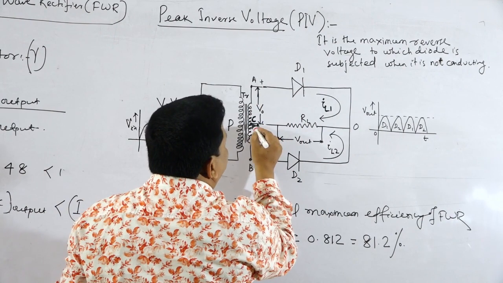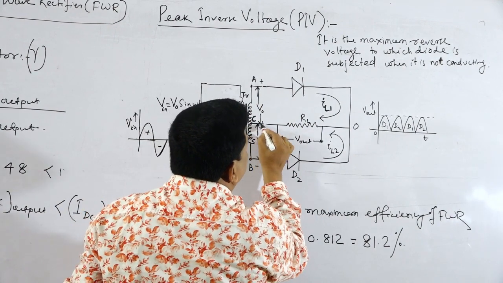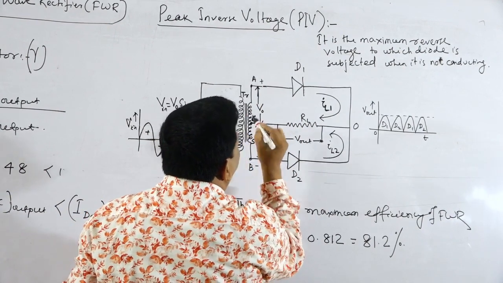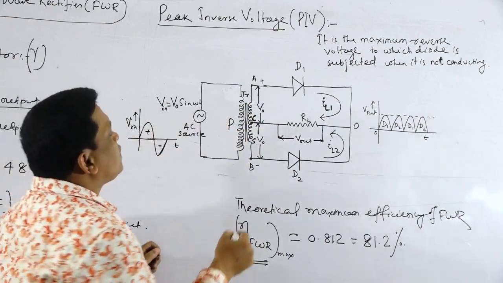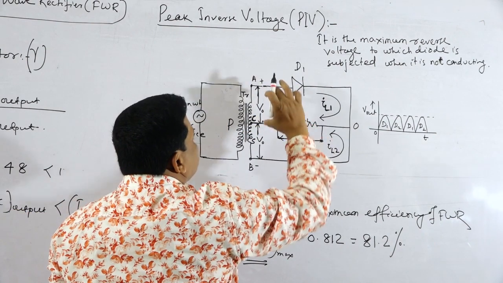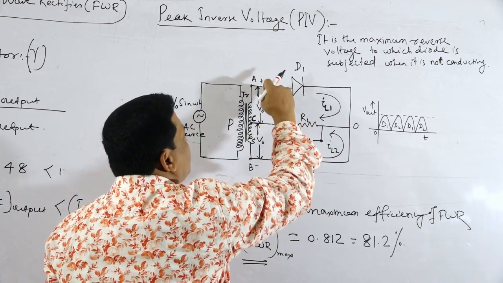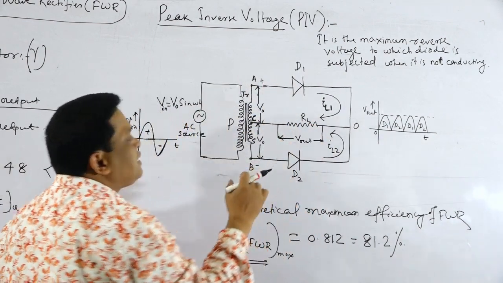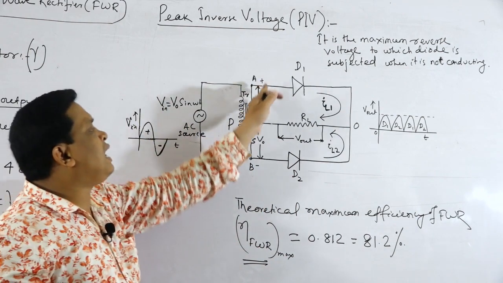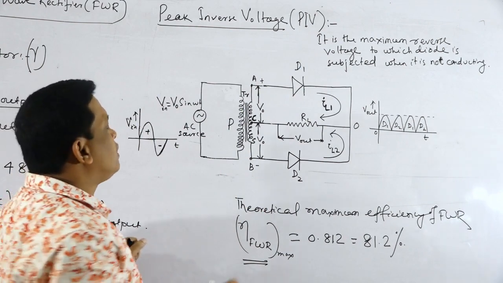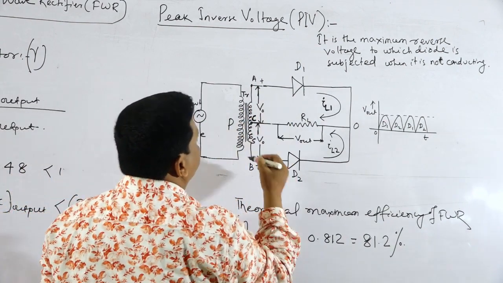Now, look here. We have connected the load resistance with the center tap position of the secondary winding of the transformer. Therefore, the voltage appearing across the upper half is equal to the voltage appearing across the lower half of the secondary winding of the transformer.